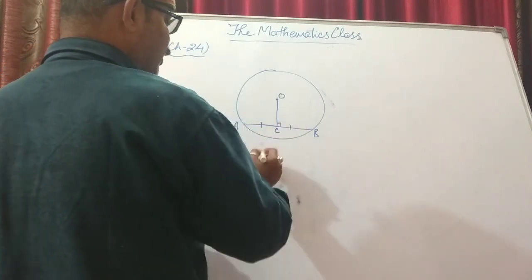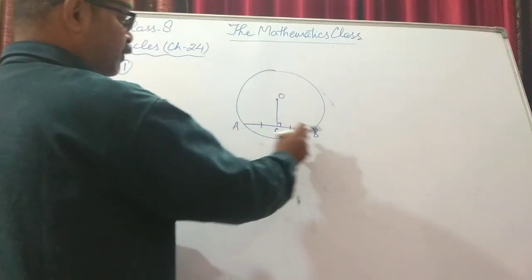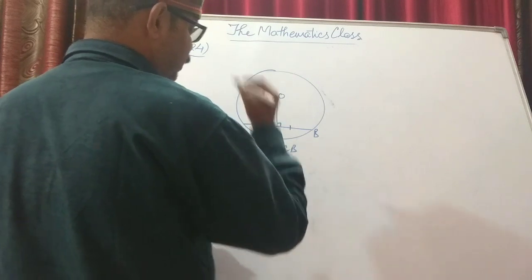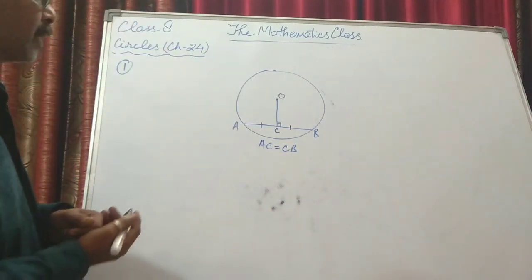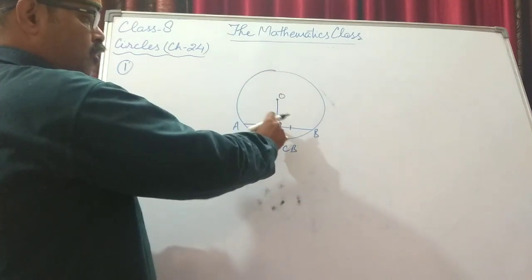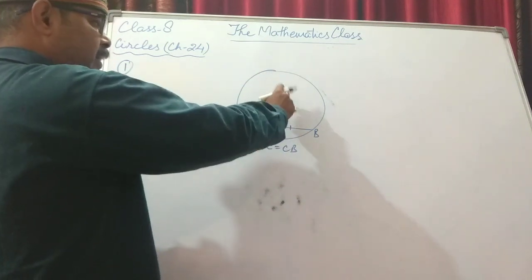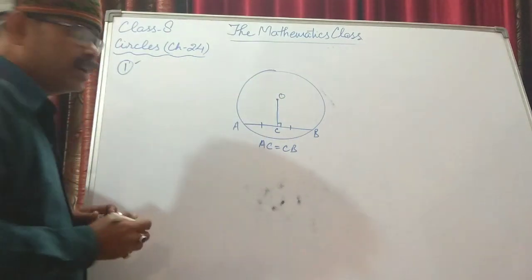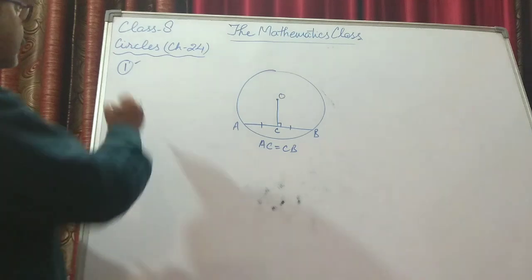Suppose I say C. So C will be the midpoint of AB, or we can say AC is equal to CB. This is what you need to remember. If a perpendicular is drawn on a chord from the center, it bisects the chord. So this is the first point that we need to remember.